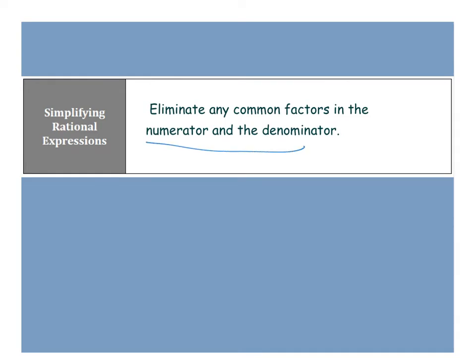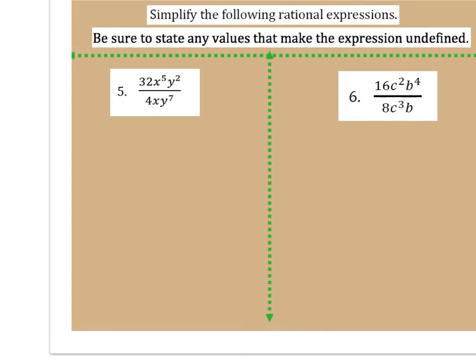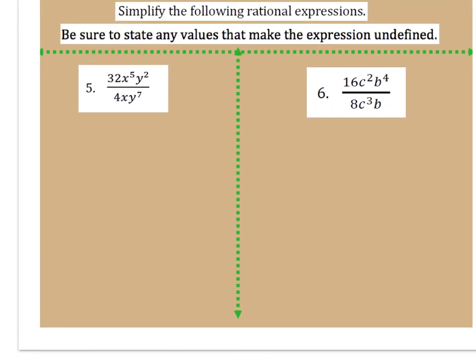So simplifying basically means eliminate anything in common between the numerator and the denominator. So looking here for number 5, here's the way I want to think about it. I want to break it up. I want to take 32 divided by 4.